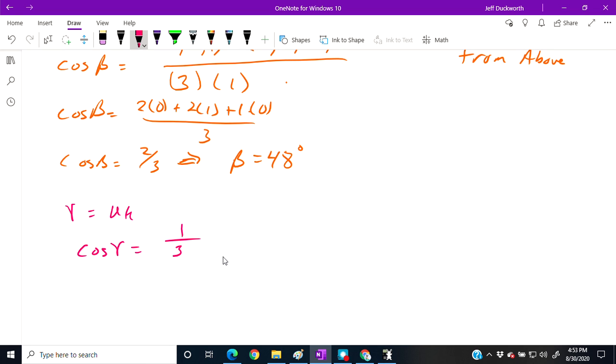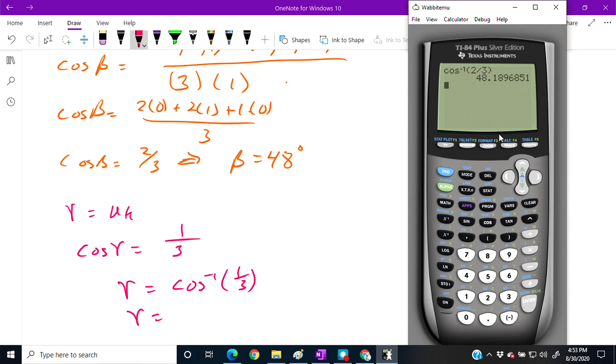Same as before, the denominator is not going to change. And so gamma will equal the inverse cosine of 1/3. Let's take care of that. Inverse cosine of 1 divided by 3 gives 71, rounded to the nearest integer.